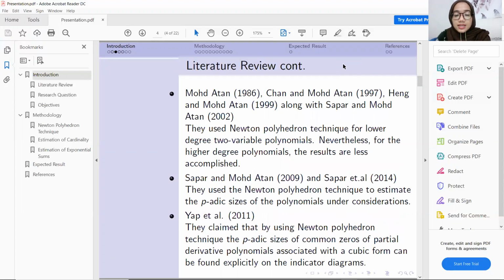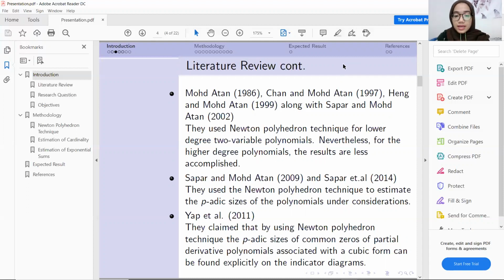It's Muhammad Atan 1986, Chan and Muhammad Atan 1997, Heng and Muhammad Atan 1999, along with Sapar and Muhammad Atan 2002. All of them use the Newton polyhedron technique for lower degree two-variable polynomials. But for the higher degree polynomials, the results are less accomplished, or less accurate.